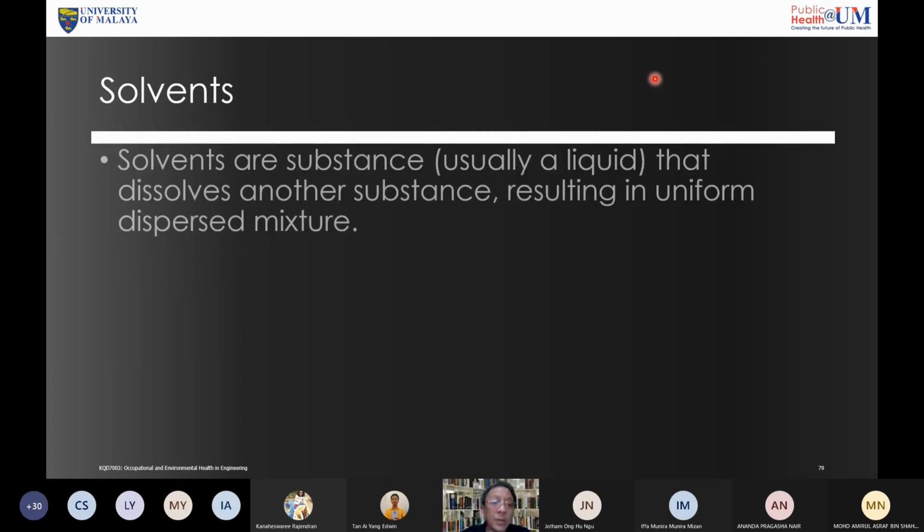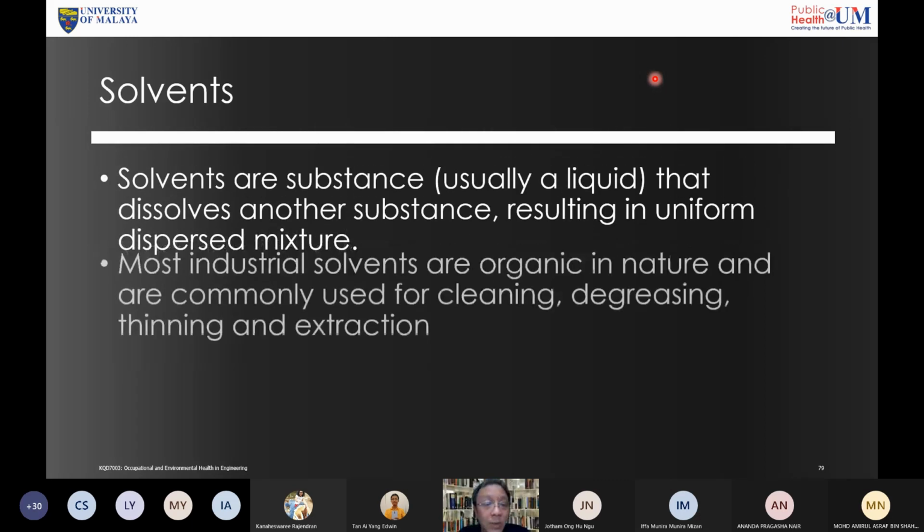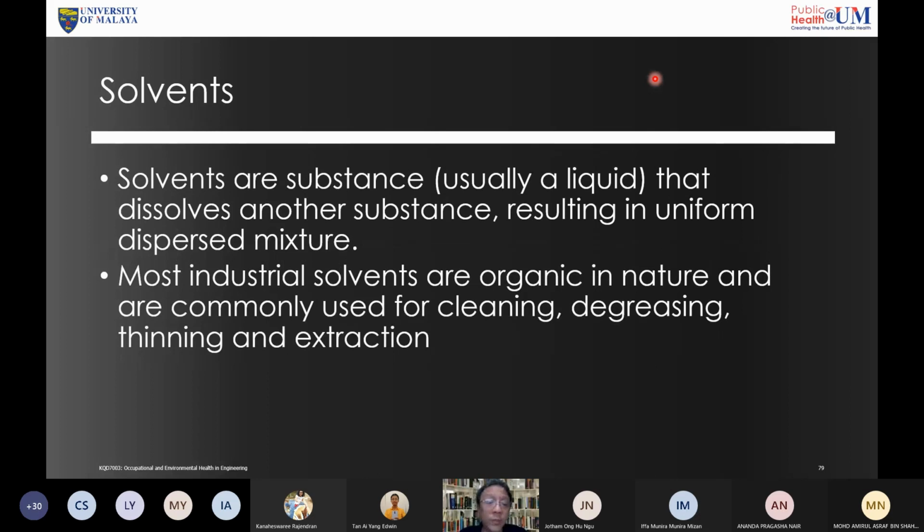So solvent, what is solvent? Solvents are substances, usually in liquid form, that dissolve another substance, resulting in a uniform dispersal or mixture. Most industrial solvents are organic in nature and are commonly used for cleaning, degreasing, thinning, and also extraction. Sometimes people use solvent to extract other chemicals from the chemical you dissolve.